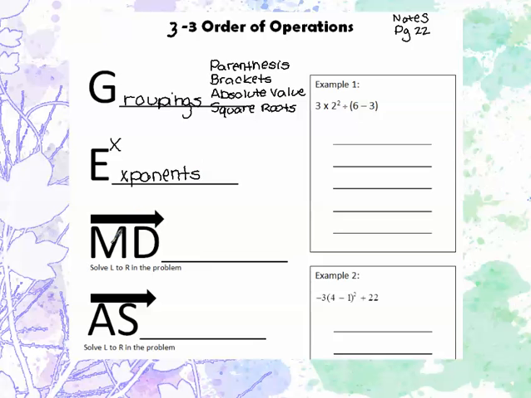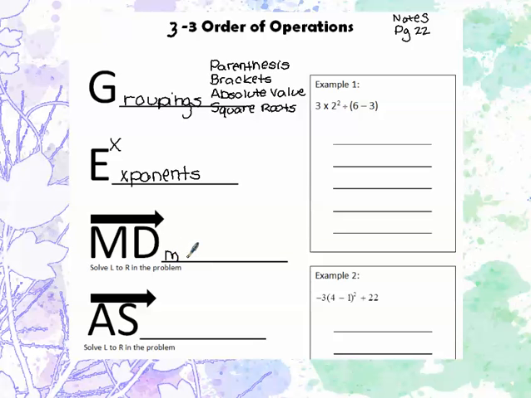Following exponents, we do multiply and divide from left to right to solve the problem. So if multiplication is first in the problem, then we do multiplication first. If there is division first in the problem, then we do the division first. It all depends on which number is first whenever you're solving the problem, or which operation, I guess you should say.